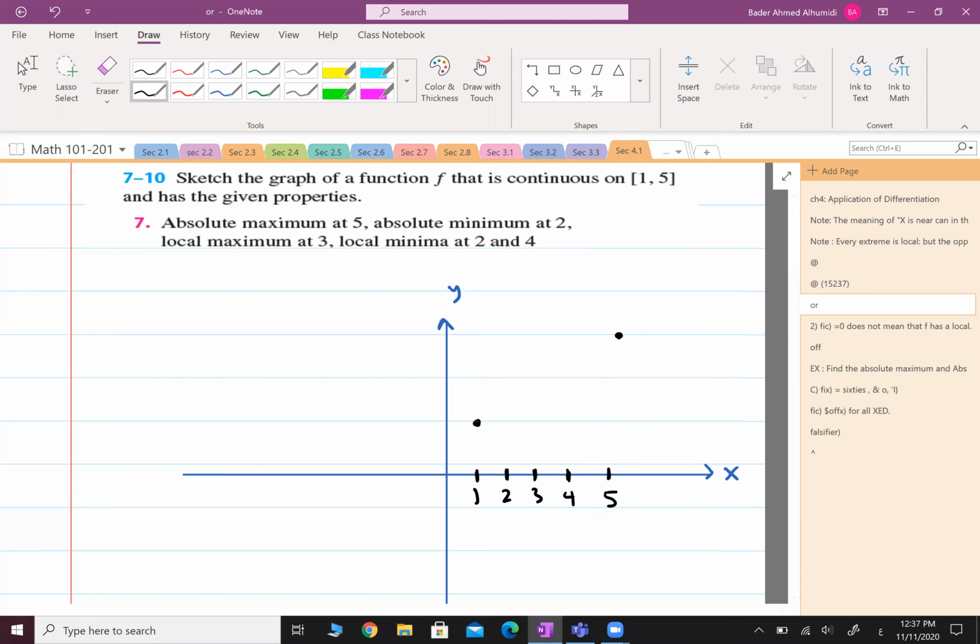Local minimum at 2. So what must happen at 2? We may have something like this, isn't it? Yes, right? So if one comes here and goes down, right or wrong? He makes the turning point at 2 exactly here like this. Right, no problem at all.